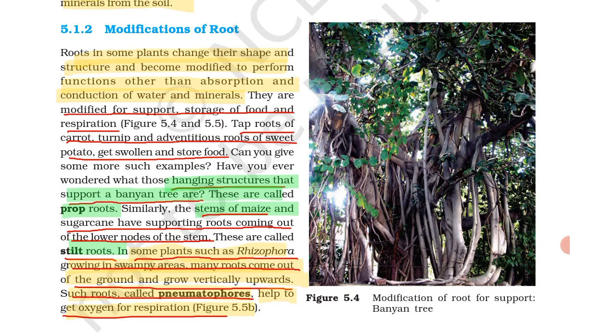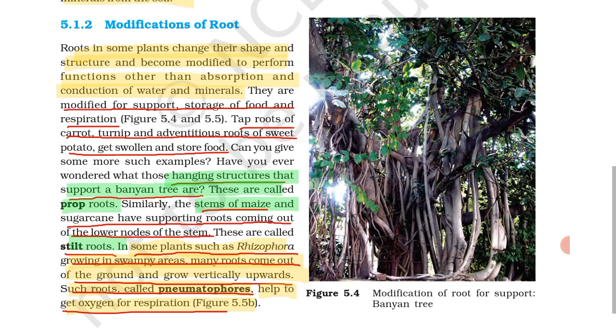Next is the hanging structure of the banyan tree called prop roots, and these are helpful for support purpose. The banyan tree is an example of prop roots. Next, the stems of maize and sugarcane are examples of stilt root, and this stilt root arises from the lower nodal region of the stem.